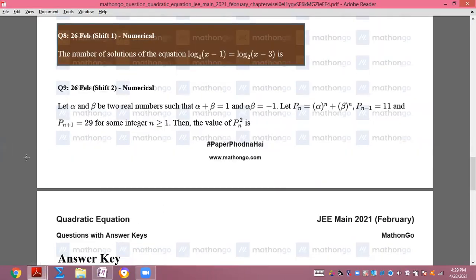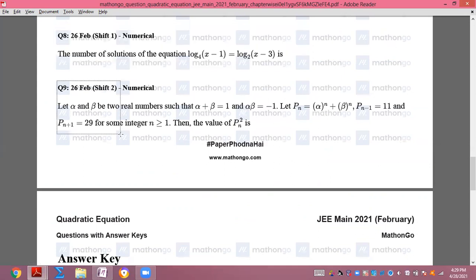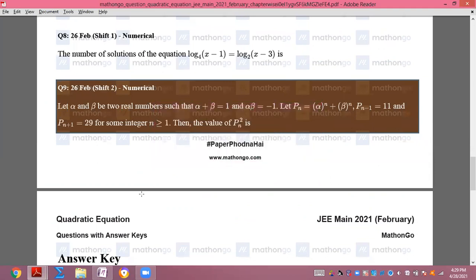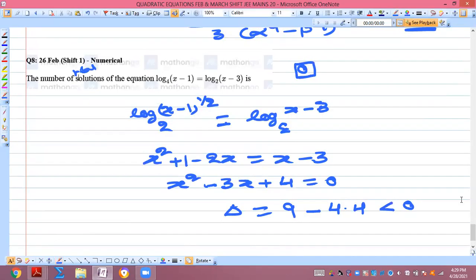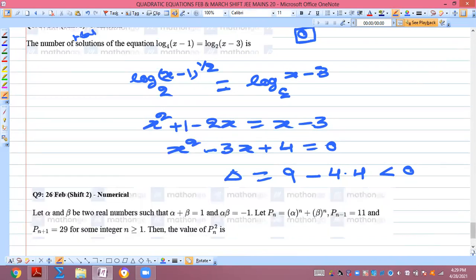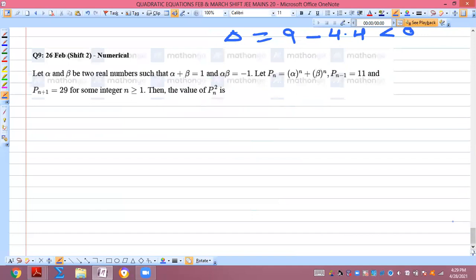Next, last one. Alpha and beta be two real numbers such that alpha plus beta is 1, alpha beta is minus 1.